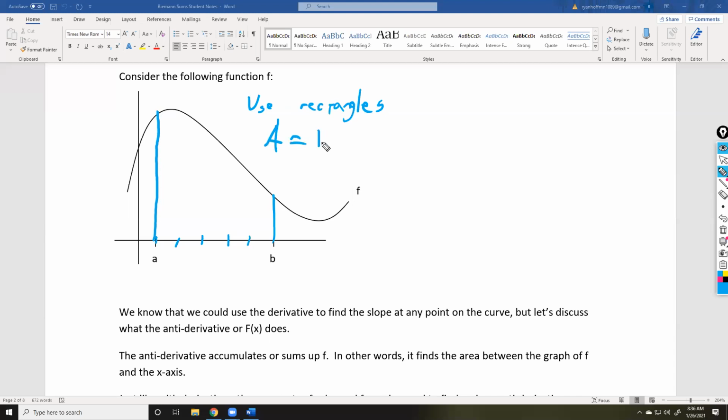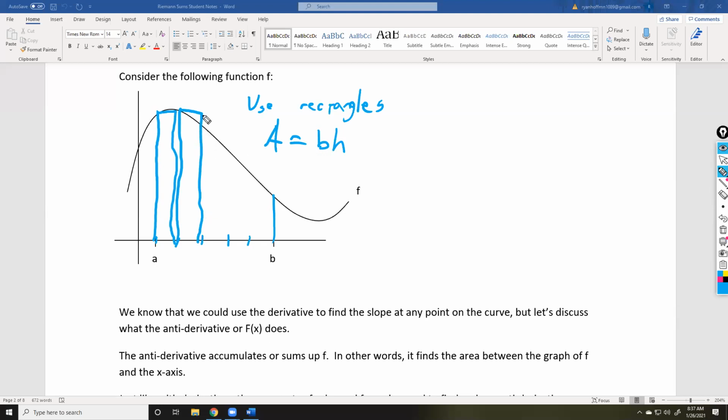The area of a rectangle is base times height. Length times width for some of you, but base times height is another way to write it. So we can create these rectangles, and they're going to be pretty close to the actual area underneath the curve.